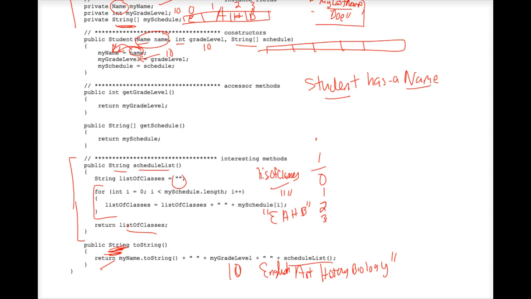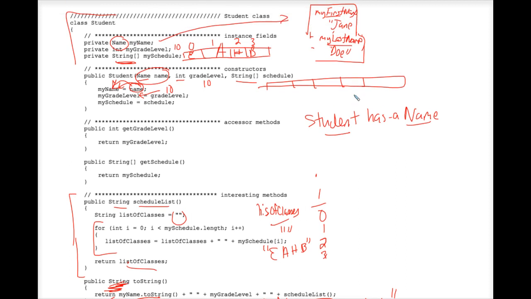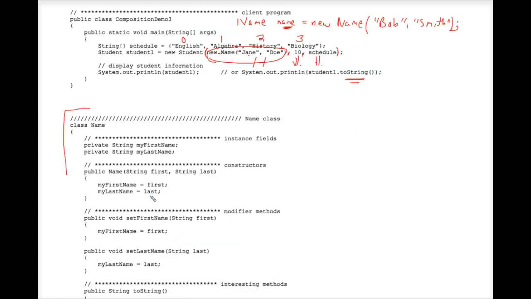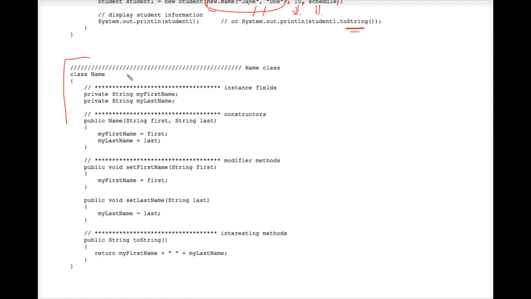Hey, what is in front of the number 10 here? Well, myname.toString. Interesting. My name is the name object, which you and I know is Jane Doe. But it's not so easy. We have to go back to the name class to see if it has a toString method. Does the name class here have a toString method? Yes, it does.